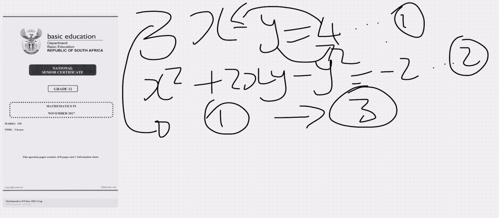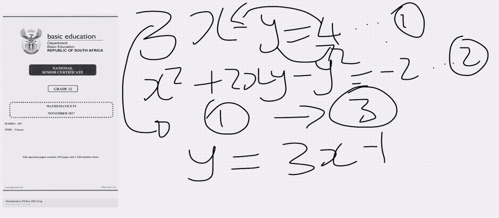So that means now our equation 3 will be y equals 3x minus 4. Sorry, minus 4. Why am I saying plus? It's minus 4. Oh my gosh, let me start afresh. Minus 4. Yeah, that's your equation 3.